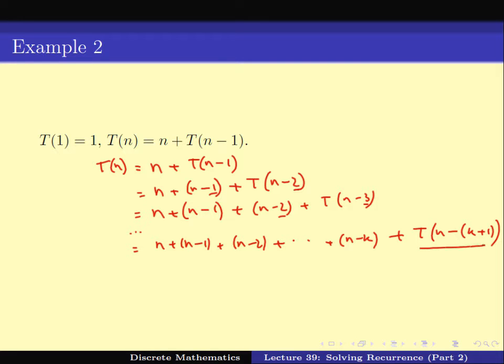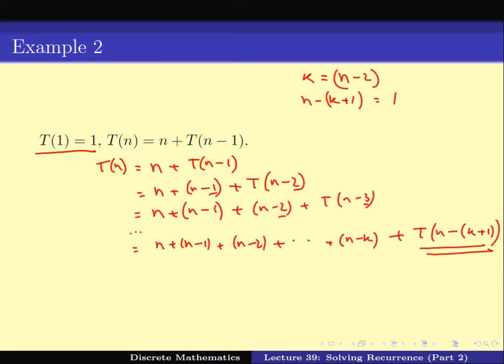Now again we have to somehow make this term disappear. So the idea is again that we have to get this n minus k plus 1 as 1. In other words, if I take k to be equal to n minus 2, right? What do we have? Then n minus k plus 1 equals 1.